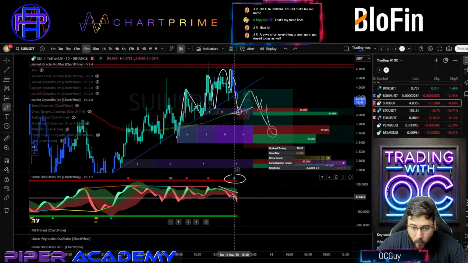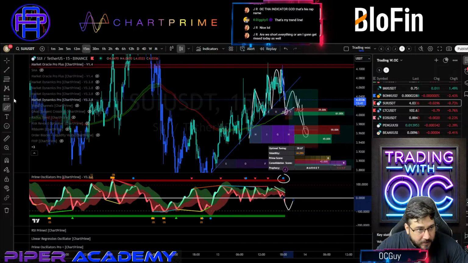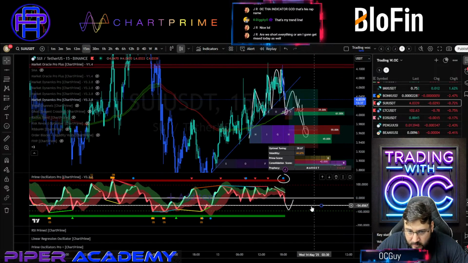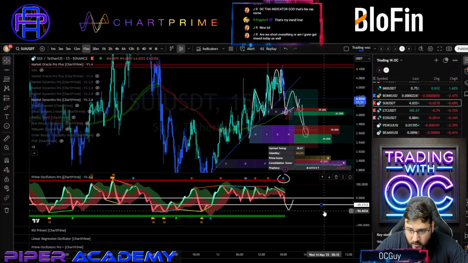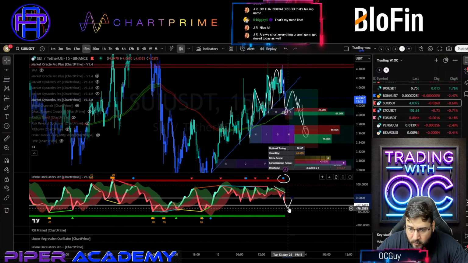Be careful. I want to see the flip of the ribbon, or at least I want to see this horizontal line fairly between the zero line and your negative 98, or 95, somewhere around here. You can start looking for something like that, looking for that flip of the ribbon.